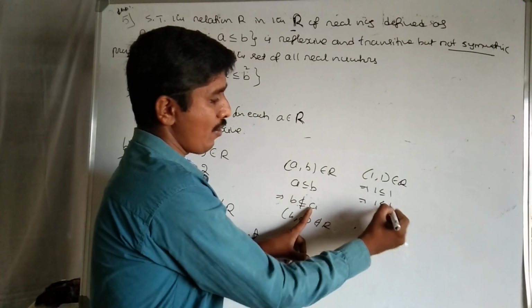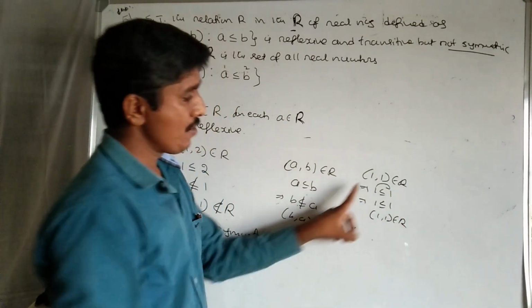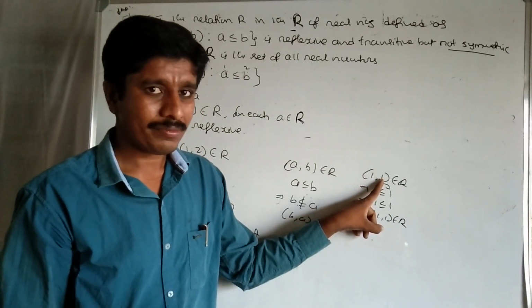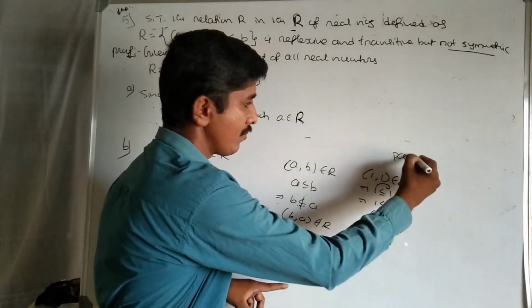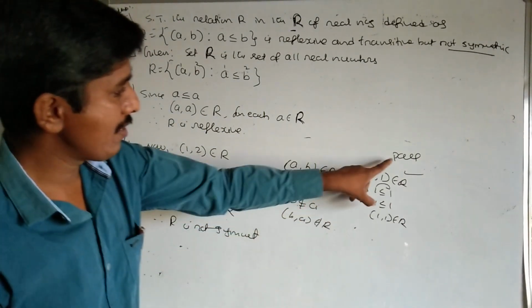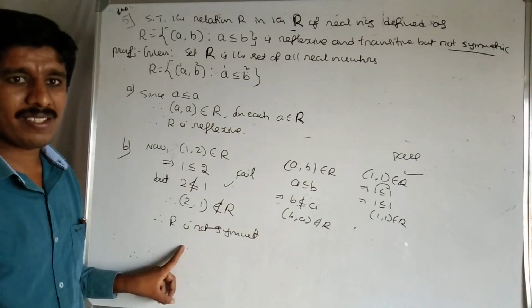Again 1 is less than or equal to 1. Interchange these two: (1, 1) belongs to R. If the first element equals the second element, the ordered pair itself is symmetric. We know that. Clear? In this case it is pass. In this case it is fail. In this case it is pass. Fail means what about the total result? Fail means not symmetric, like that.